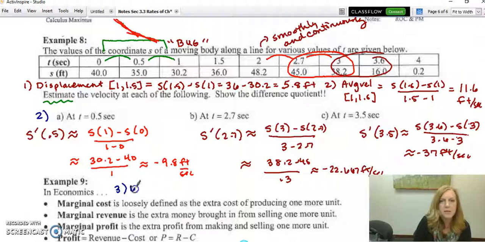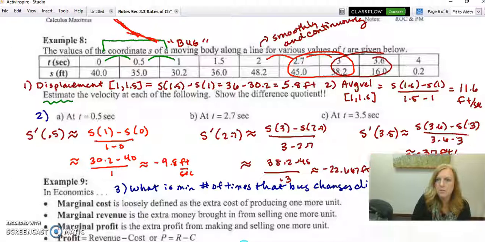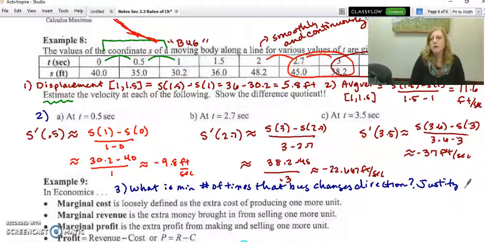What is the minimum number of times that the bug changes direction? Then we'll justify, because they're always going to want that on there.